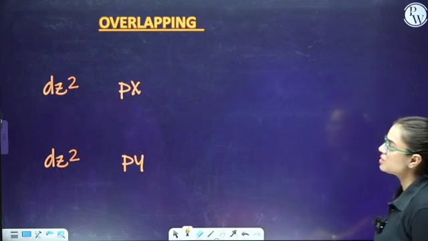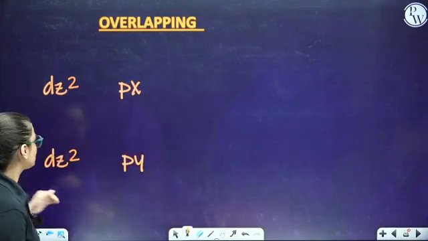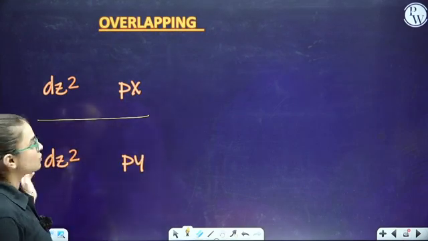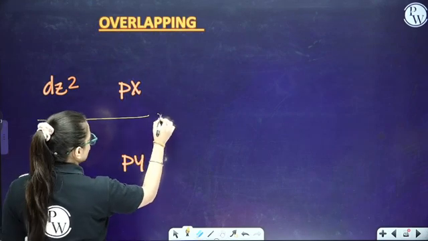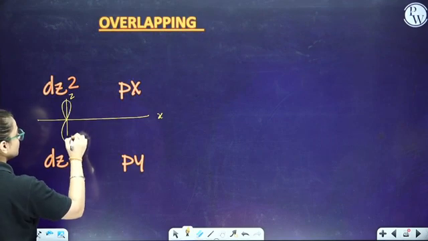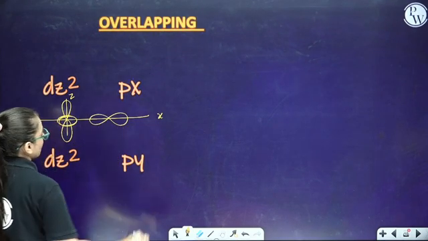Now see students, now comes dz square with px. Dz square you very well know. Which axis are you going to take when it has not been mentioned? When they have not told you, just take the x-axis for once. This is your z-axis, so it is going to be like this, and this is your px.